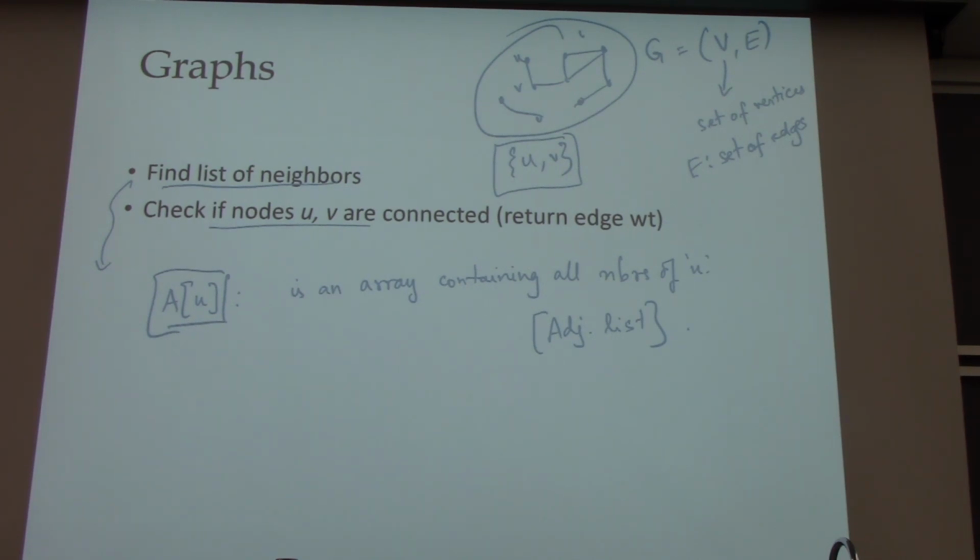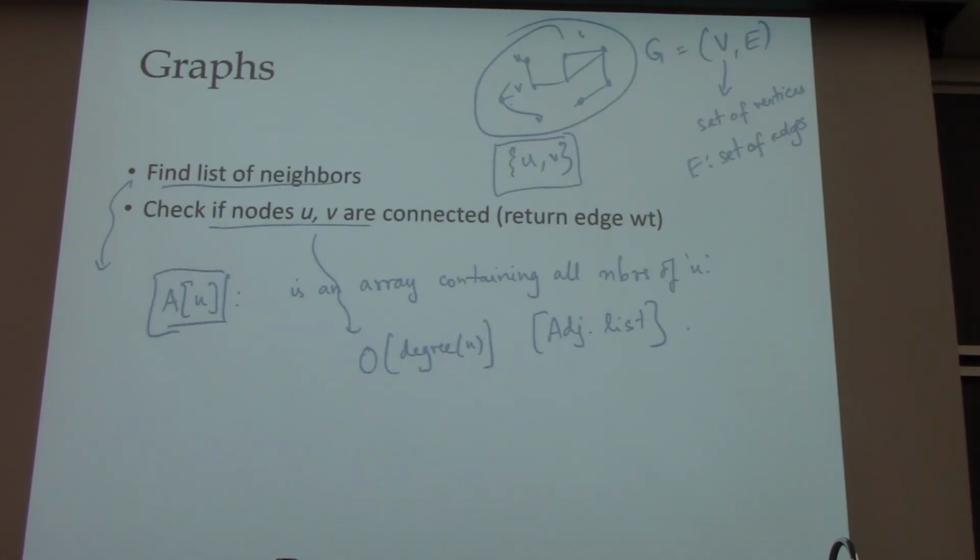Could you do this faster? If u has a large degree, this could take a lot of time. So the query takes O of degree of u time, which is sometimes not so good.